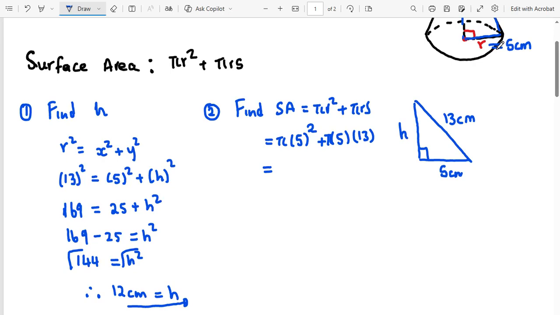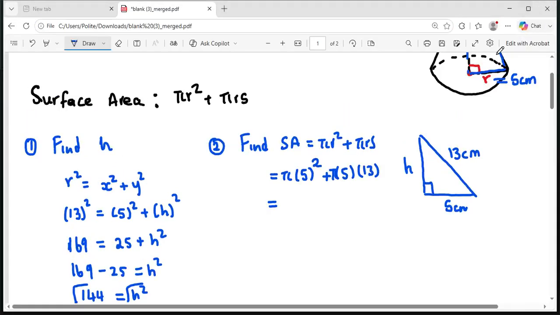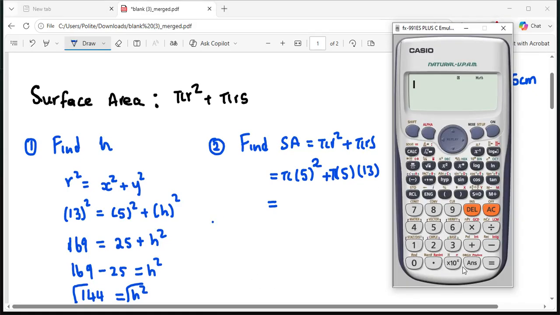So now you need to punch this on the calculator correctly. I'm going to help you with that so that you don't make mistakes when you get in an exam, because now you need to practice how to put this correctly in the calculator. This will be shift, pi down there, then multiply inside the bracket. I'm going to put 5 squared, then add shift pi, multiply inside the bracket, and put 5.